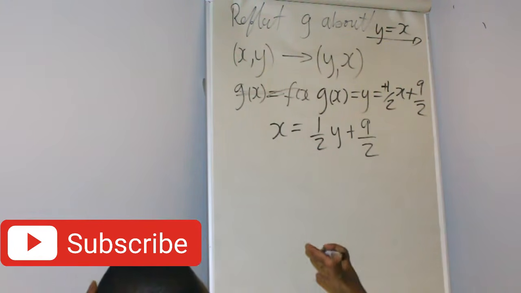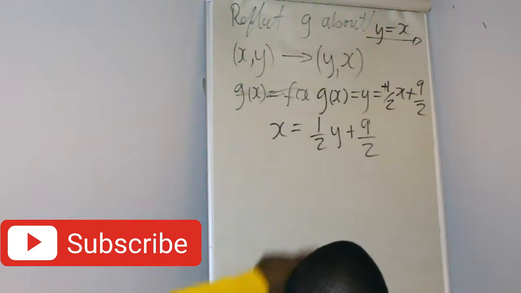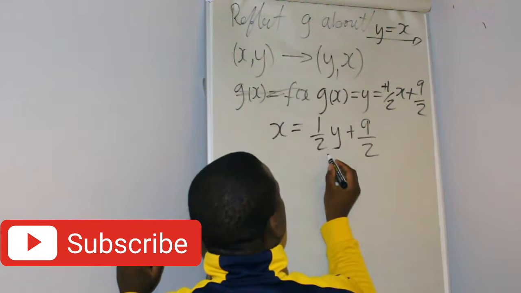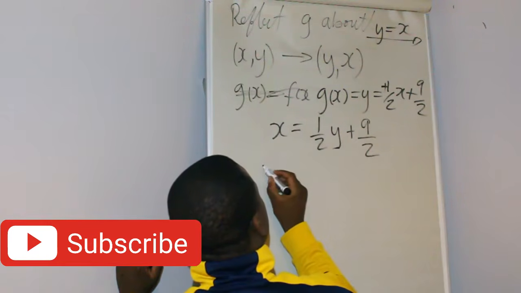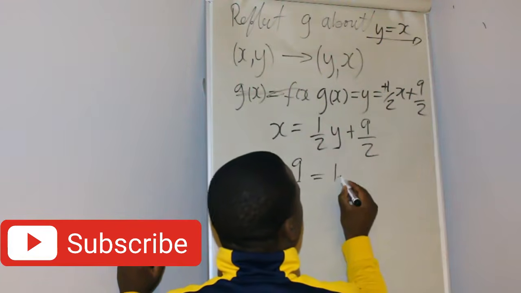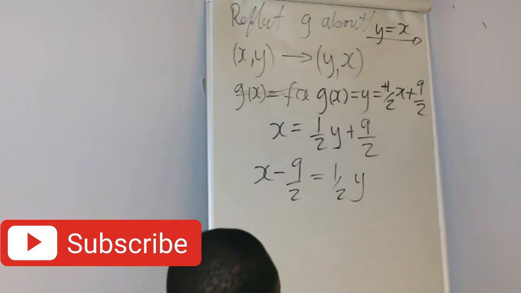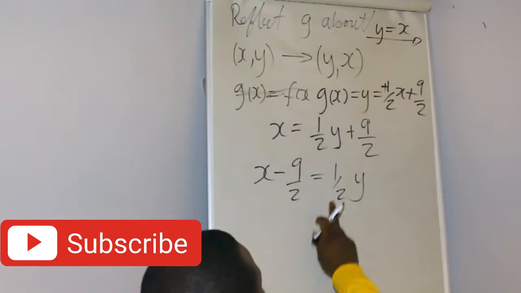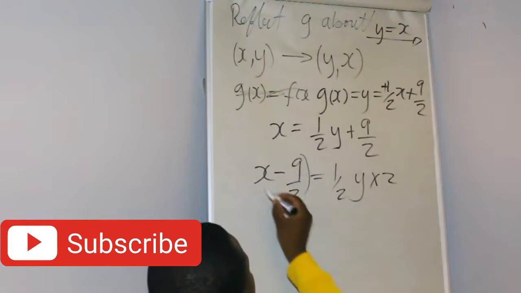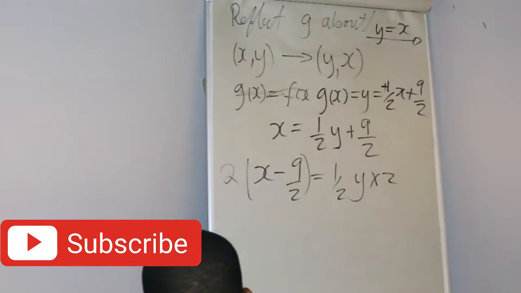So you want the inverse of your function. So you should solve for y when you get to this point. You take this to the other side: x minus 9 over 2 is equal to 1 over 2y. Then you want to be left with y, so times 2 this side.